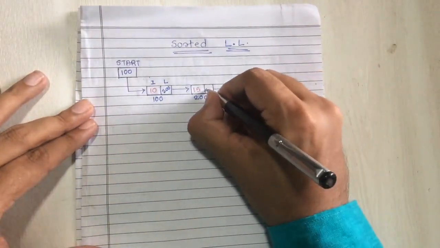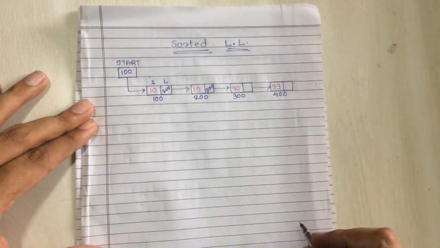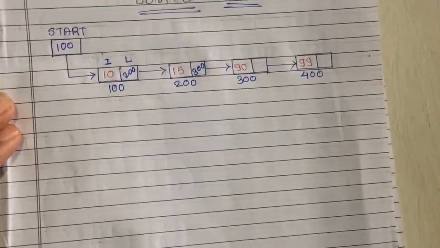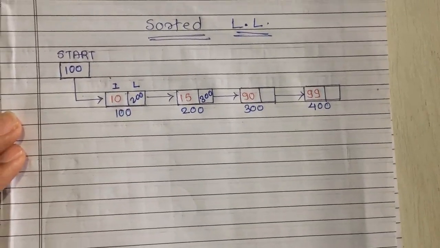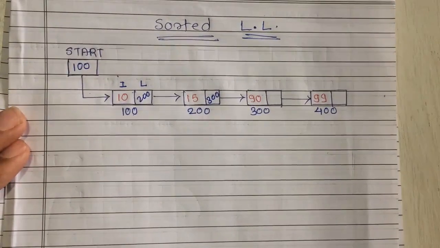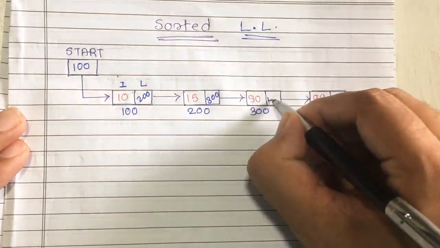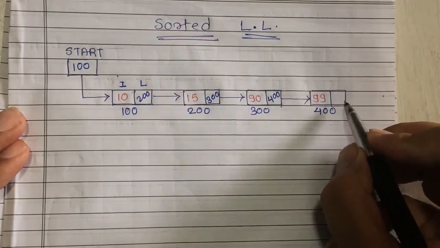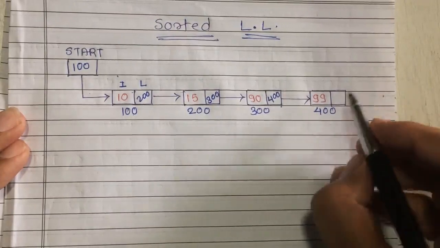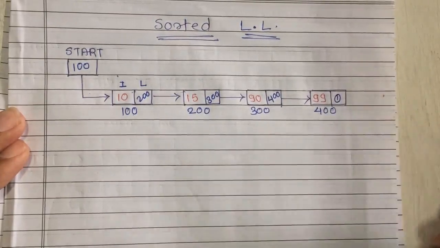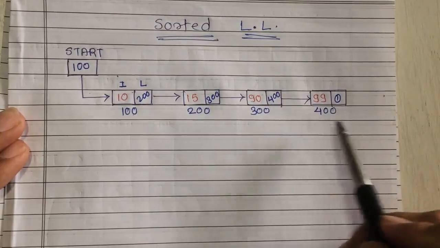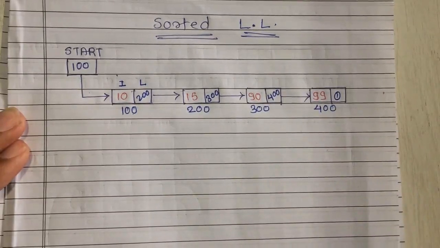Then 300 will get stored, then 400 will get stored over here, and as this is the last node, what are we going to store over here? When it is the last node, we simply store 0. This is a null pointer. It indicates this is the last node of your linked list. So we have the linked list with us.